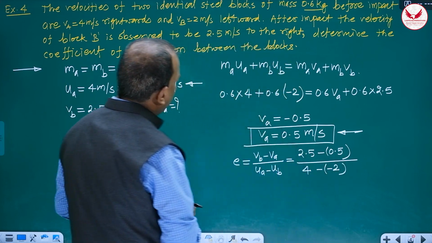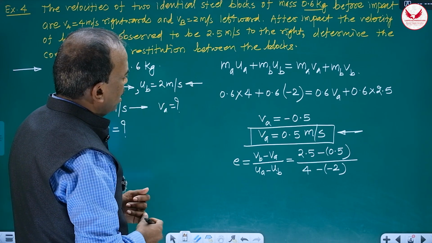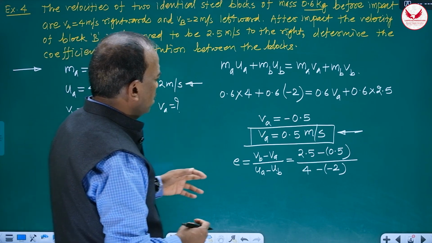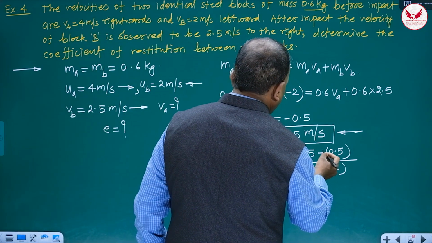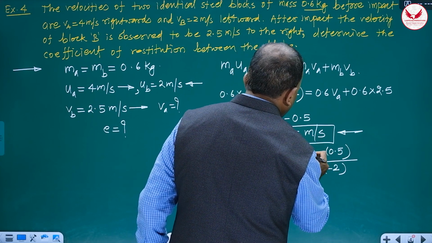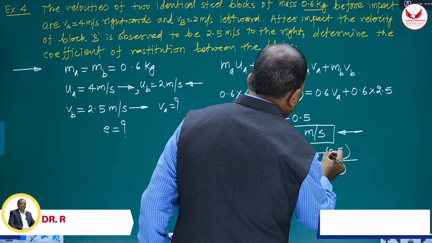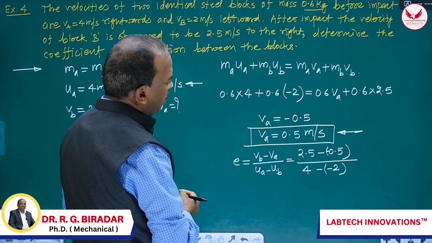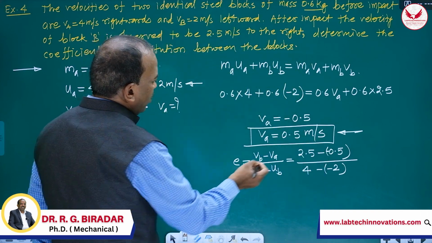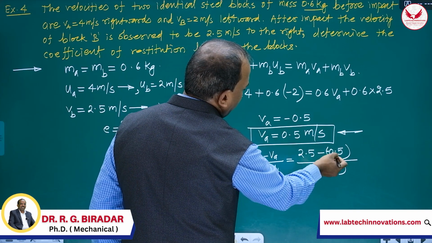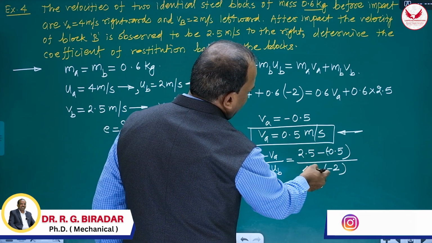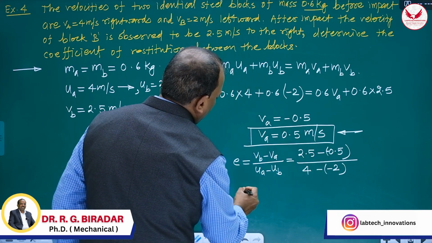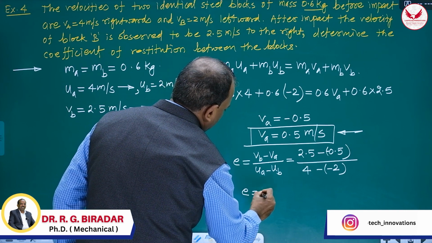So 2.5 plus 0.5 is 3, and 4 plus 2 is 6. So E is equal to 0.5.